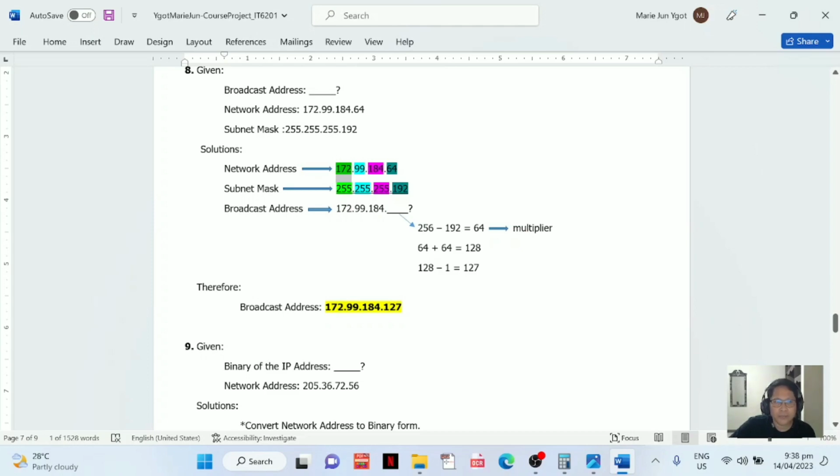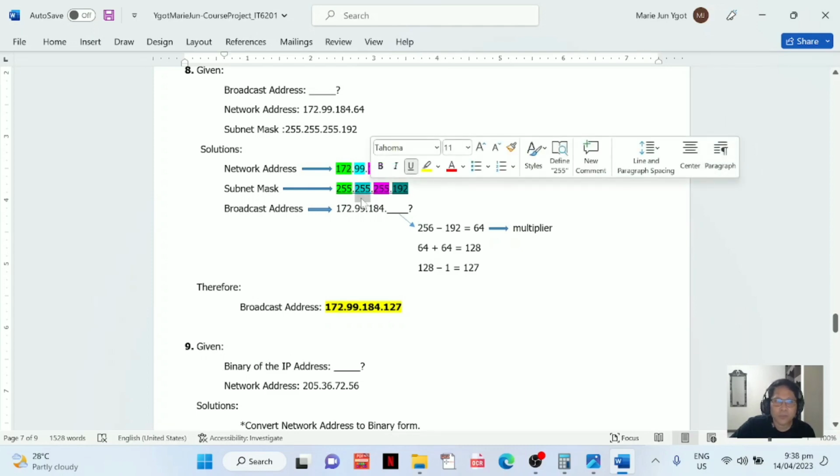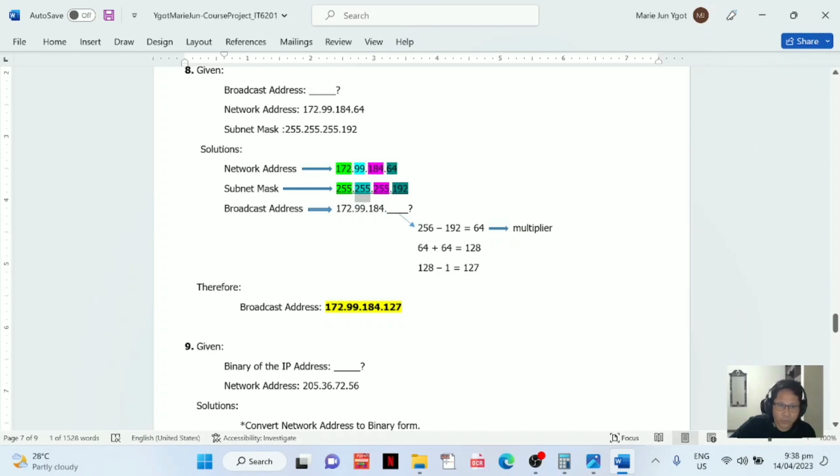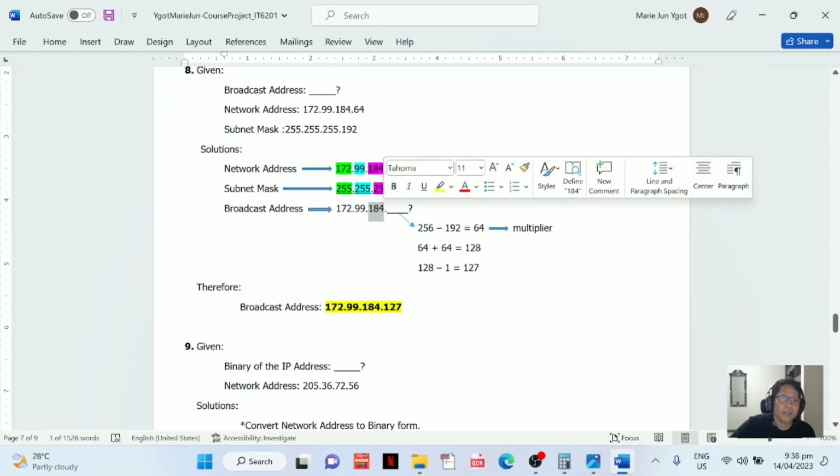So we have 172 here. Again, we still have 255, so we just copy 99 here. That's why we have 99 in our broadcast address. Again, 255, so we copy 184 from the network address and put it down here on the broadcast address, 184.